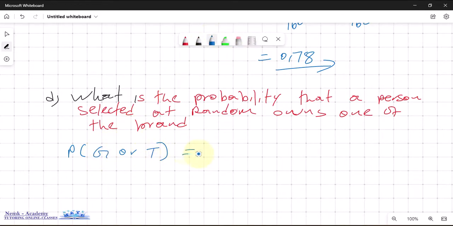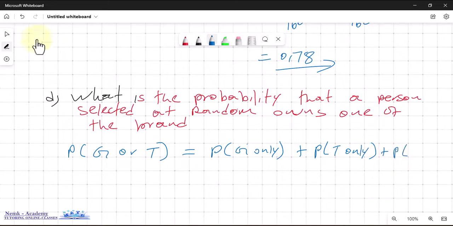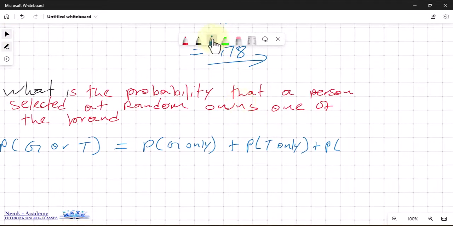So it's going to be probability of Guess only, plus probability of Triangle only, that is T only, plus probability of what? Of owning both, because they said one of the brands, not only one of the brands, plus probability of Guess and Triangle.